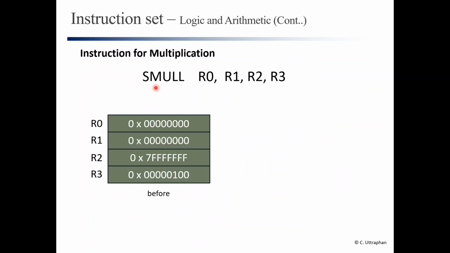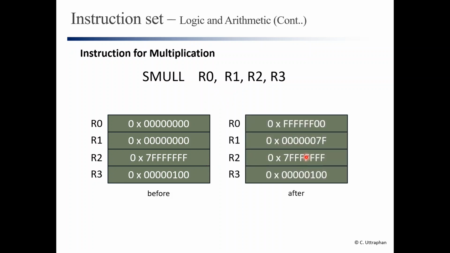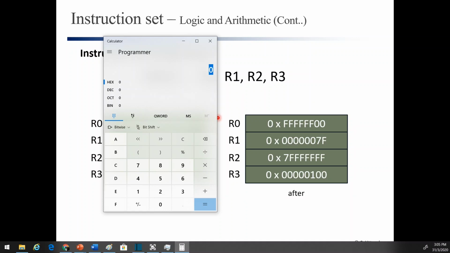This is an example of the SMULL instruction, where we want to multiply the content of R2 by the content of R3. The result is 64-bit, stored in R0 and R1. After the microprocessor executes the instruction, these are the results in R0 and R1 respectively. This is how the result is generated.